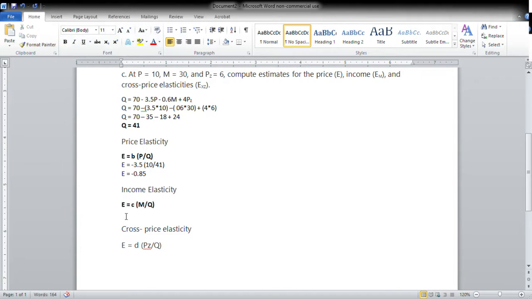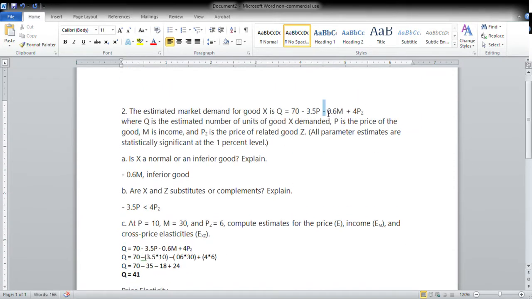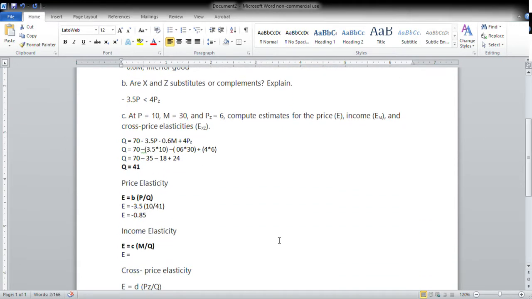And in this case, and you would only know this by reading the book itself, C is the factor of our income. So the factor of our income is, from way up here, negative 0.6. So E equals negative 0.6 times M, again, from right here in the problem, M is 30, and we figured out that our quantity is 41.